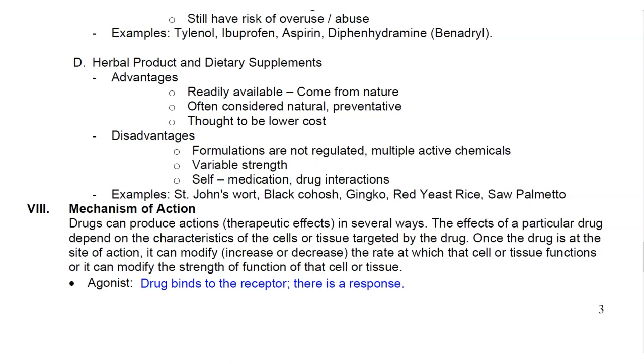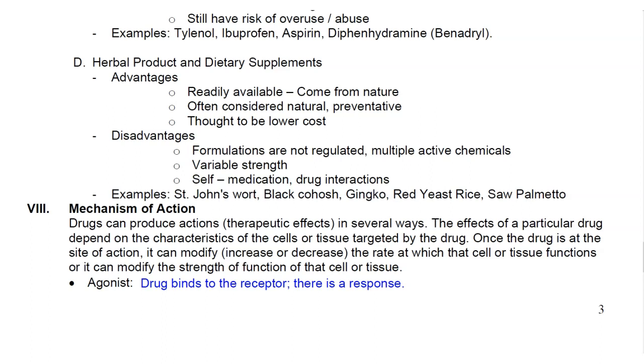And similar to over-the-counter drugs, this sometimes can be used for self-medication, and it can cause some drug interactions, especially when they're taking other medications, other supplements, or whether they're taking prescription and over-the-counter drugs. Again, they need to have some sort of knowledge, and they still need to report these supplements to their primary care providers or the providers that are giving them prescriptions, because what you don't want is to cause some interactions.